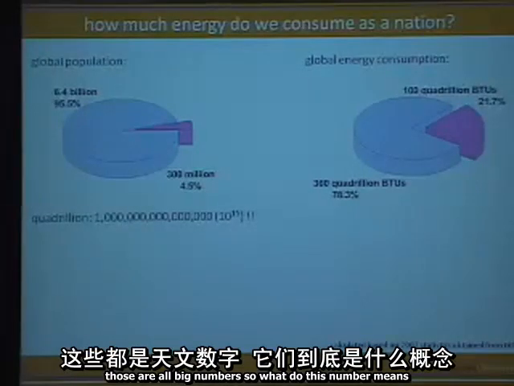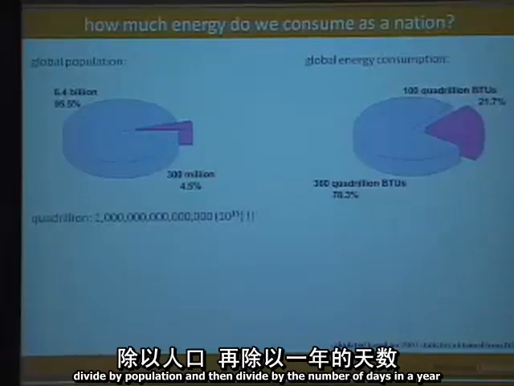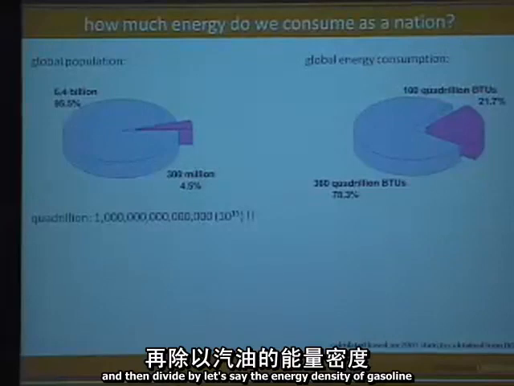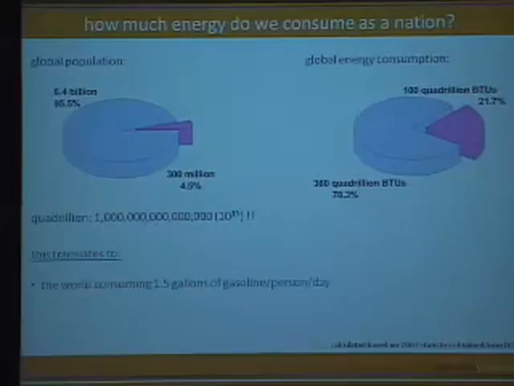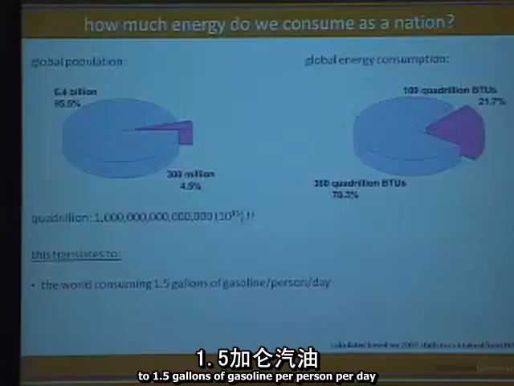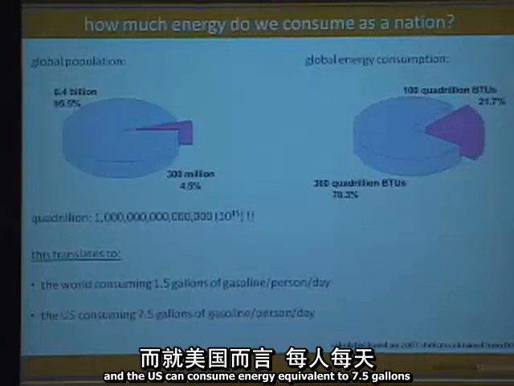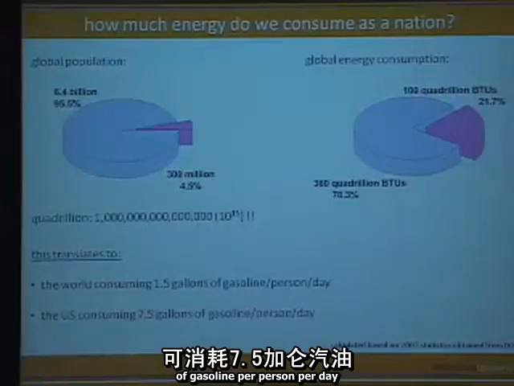So what do these big numbers mean? If you take these numbers, divide by the population, and then divide by the number of days in a year, and then divide by, let's say, the energy density of gasoline, what you get out is that the world consumes energy equivalent to 1.5 gallons of gasoline per person per day. And the United States consumes energy equivalent to 7.5 gallons of gasoline per person per day.